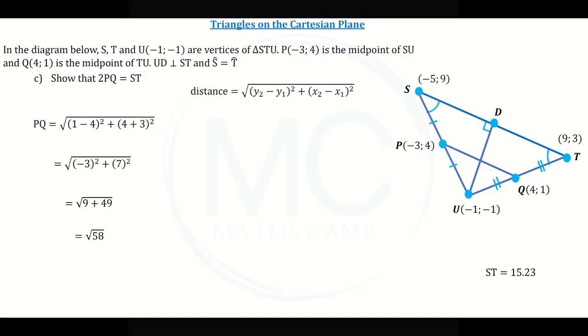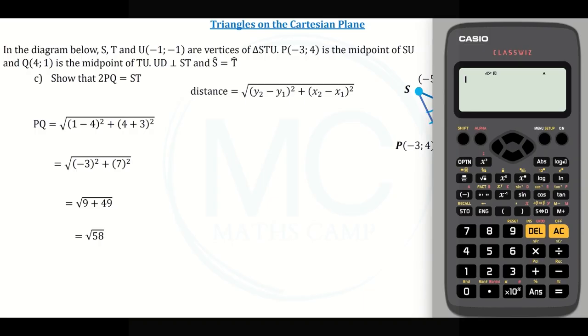Again, let's take our calculator and we say square root 58 is equal to, change this to decimal form, and we get 7.615773106. Now, we don't want to have to write down all of the digits after the decimal place. So it's always a good idea to round off our answers.